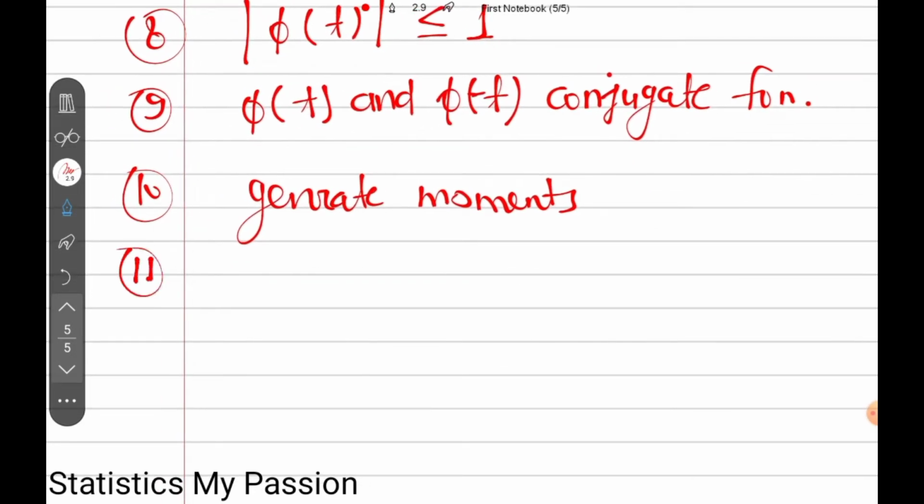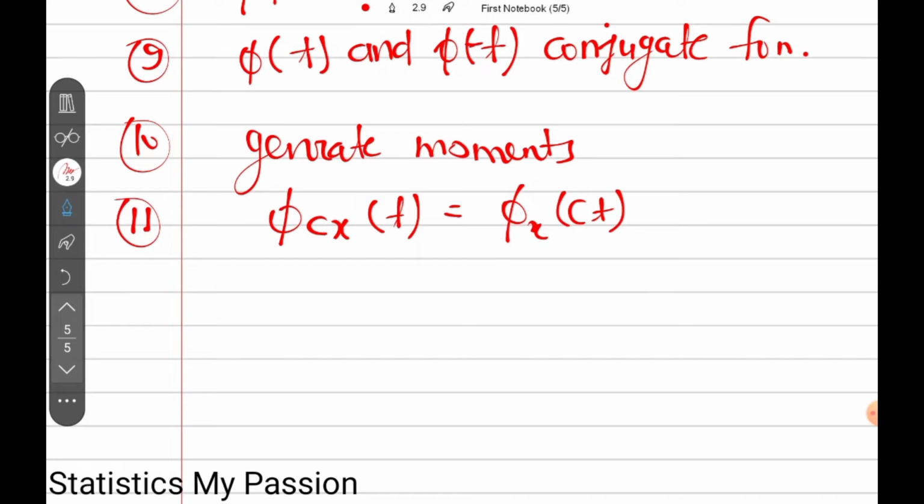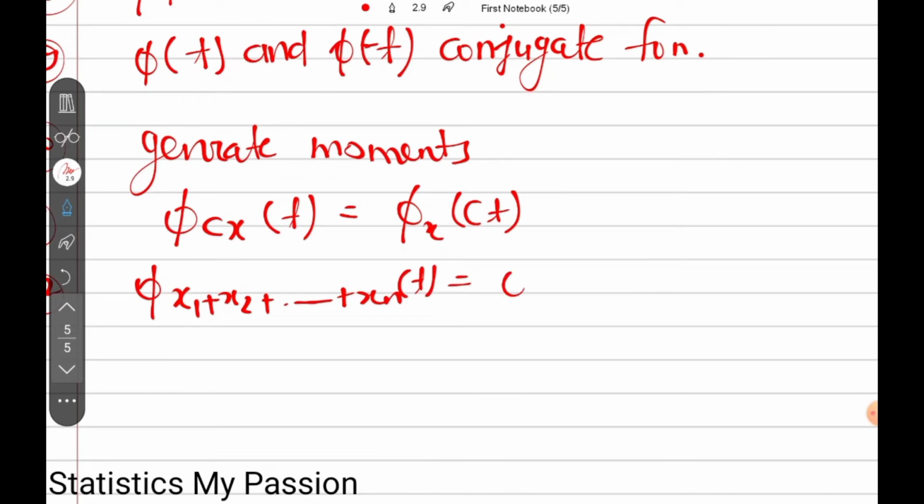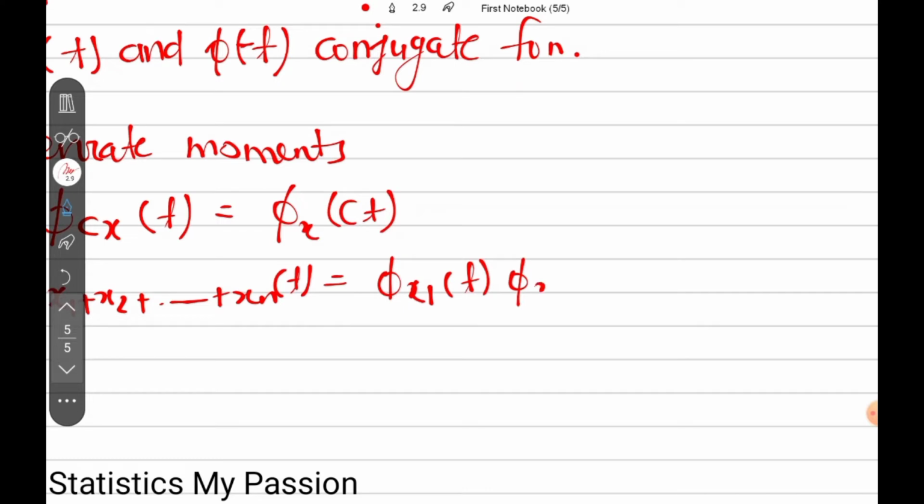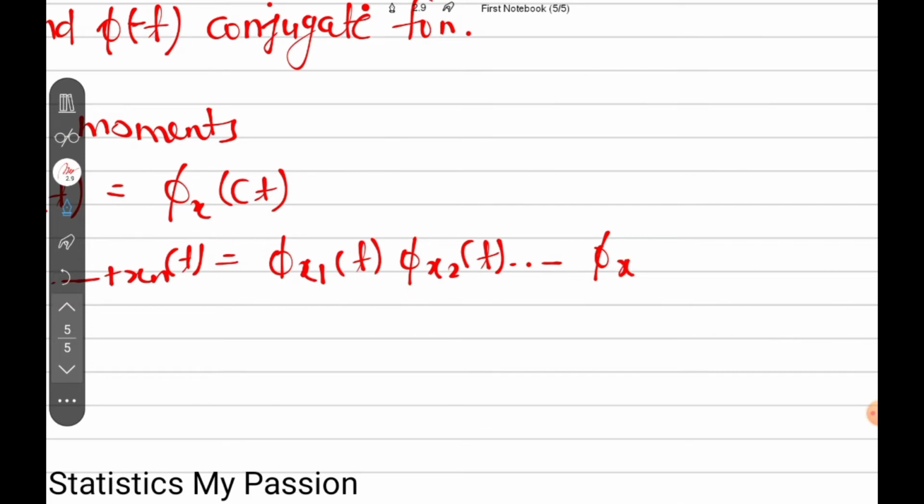The eleventh point is phi_cX(t) is equal to phi_X(ct). And the twelfth point is the last point: phi of X1 plus X2 plus up to Xn at t is equal to phi_X1(t) times phi_X2(t) up to phi_Xn(t).